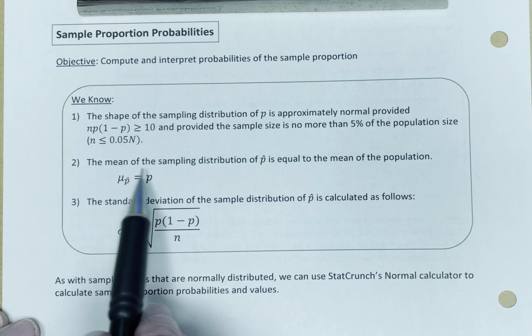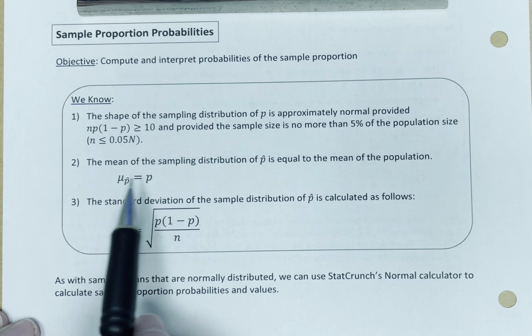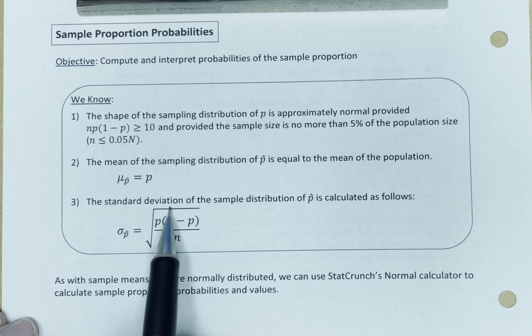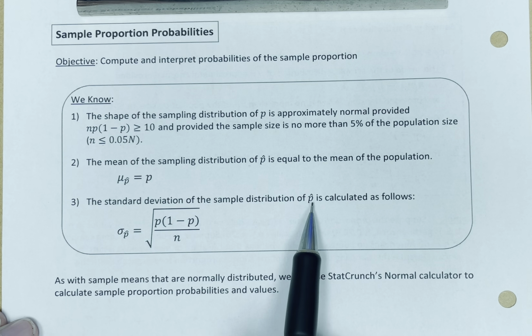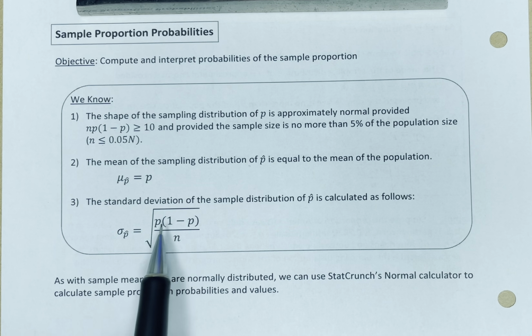We also know the mean of the sampling distribution of p hat is equal to the mean of the population. So, mu p hat is equal to p. And we also know the standard deviation of the sampling distribution of p hat is calculated as follows: sigma p hat is equal to the square root of p times 1 minus p over n.